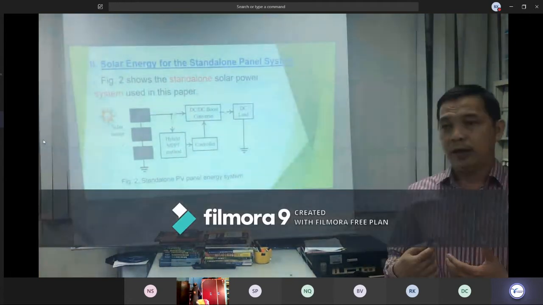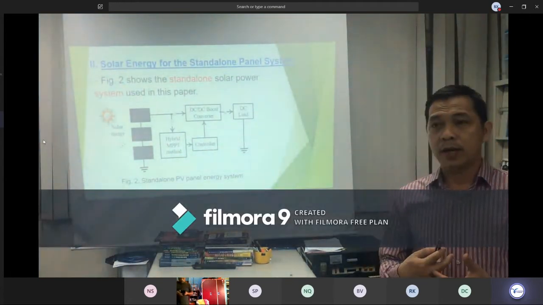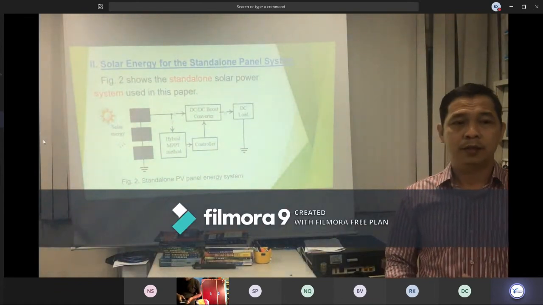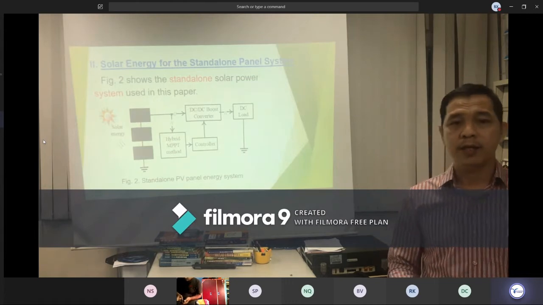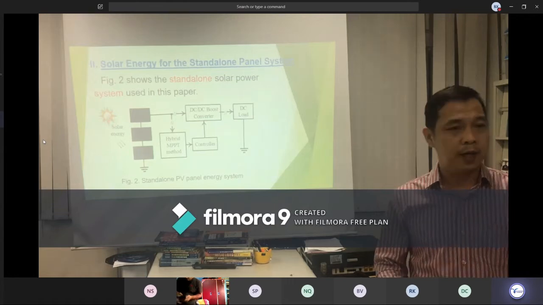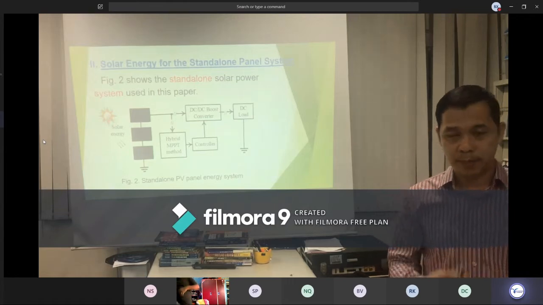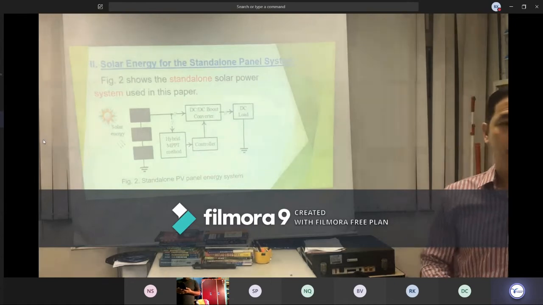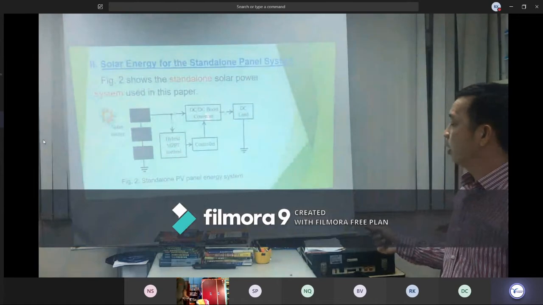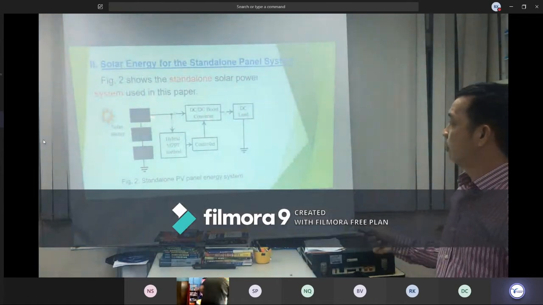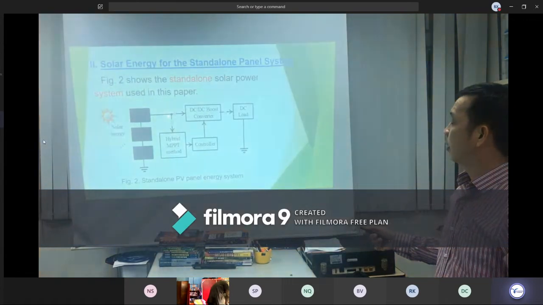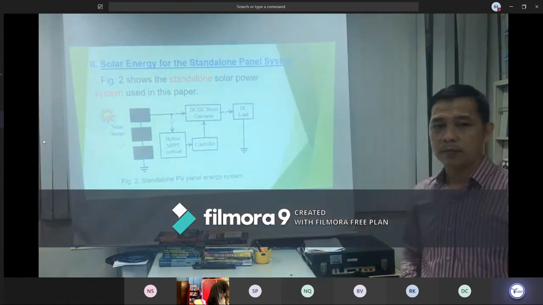When the solar panel receives the solar energy, they use the fuzzy method and the controller to find the MPP and use the DC boost converter to transfer the power into the DC load.